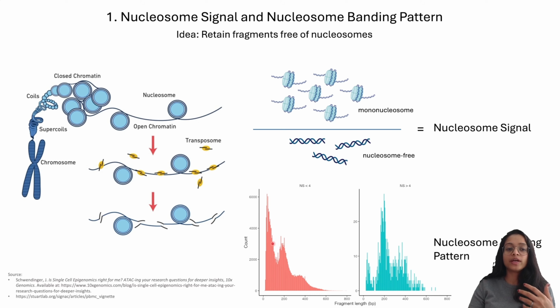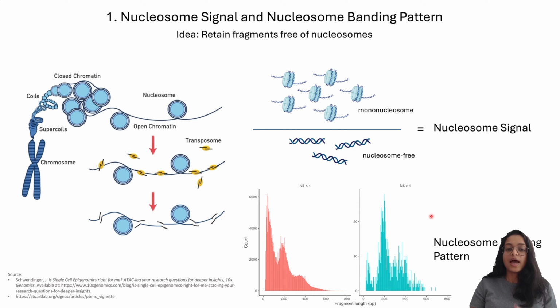So we should expect to see a high frequency of these fragments in our cells with low nucleosome signal, followed by the fragments that increase in size, which indicates that they might be bound around mononucleosome, dinucleosome, and trinucleosomes.